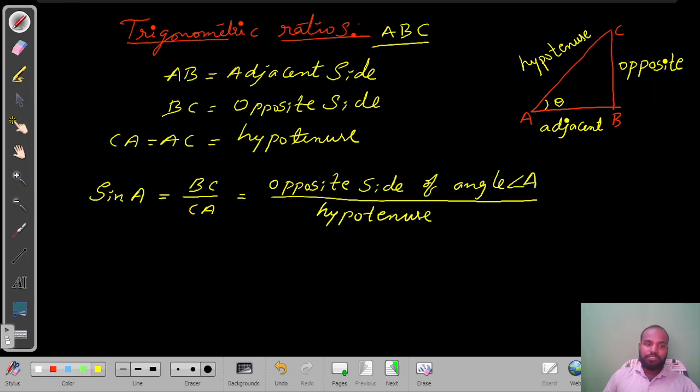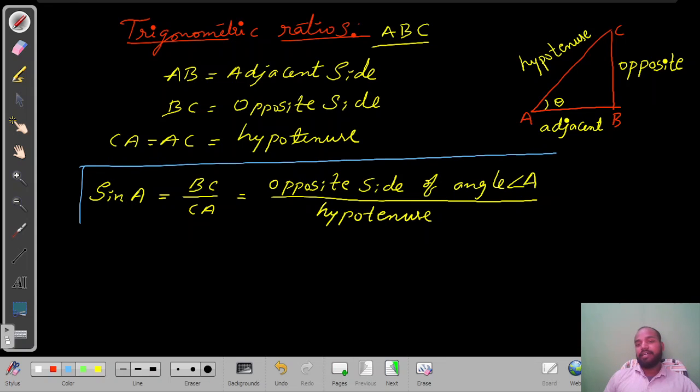This is your sine A formula. Remember clearly. You should remember it through the entire chapter. If someone asks you what sine A is, you will give the answer: sine A is nothing but opposite side by hypotenuse.